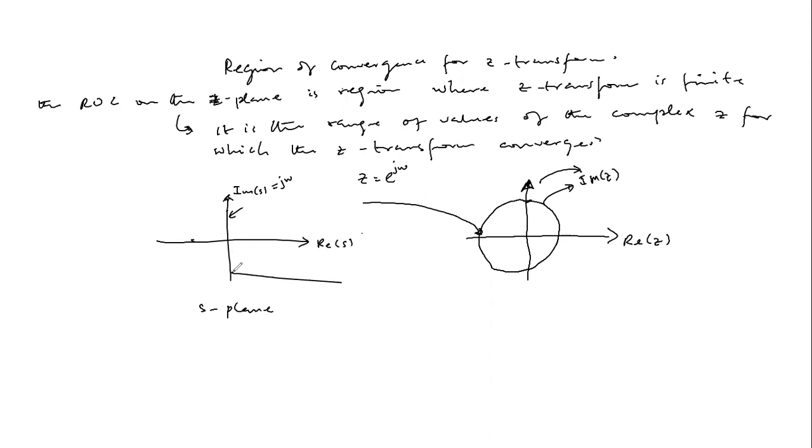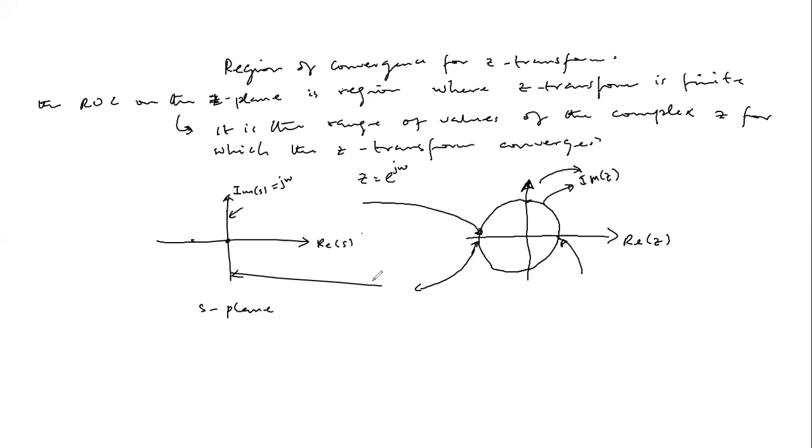Then at this point, and also at this point, we have the high negative frequencies. Then at the origin, we have DC, while at this point, we have the zero frequency, the DC.